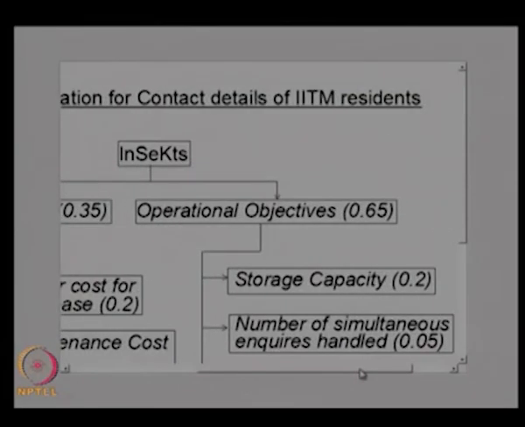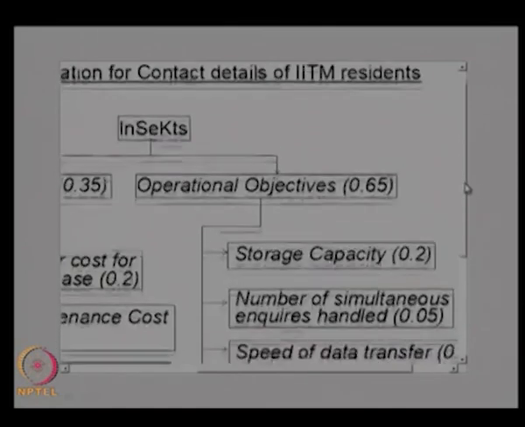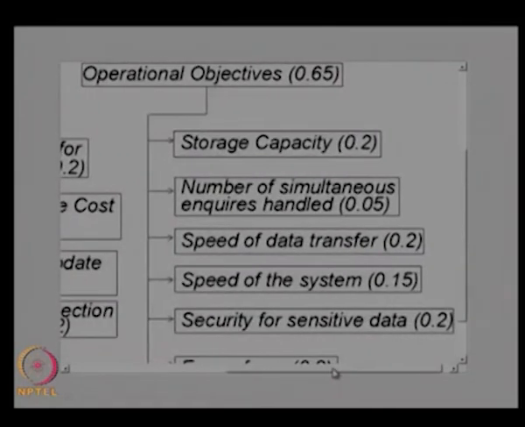Again, the priorities can be assigned to the sub tasks in the system. Here you can see that in order to achieve the operational objectives, these are the sub functions needed. Again we saw different methods of calculating the weightages.